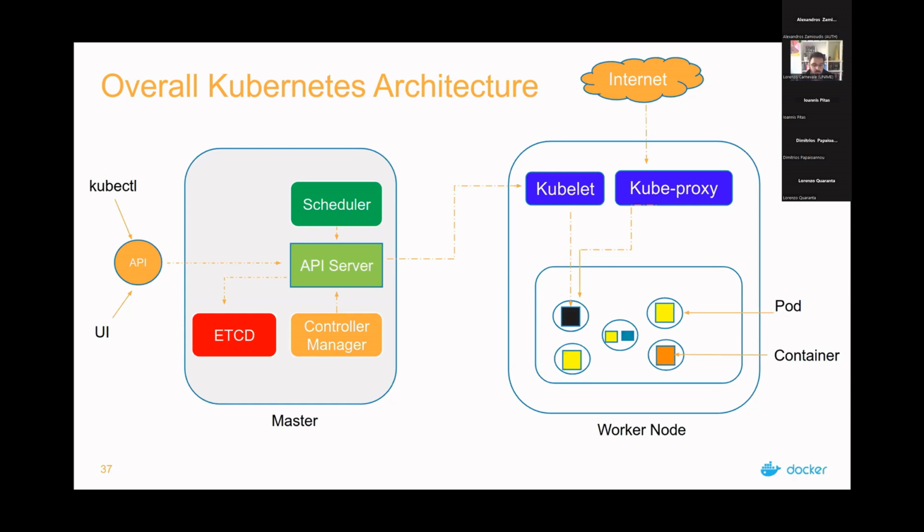In the worker node, we have really the running of the containers. And again, the containers are put inside the pod. Consider that this worker node is not just one, as I say, there are multiple of them. That's why the scheduler is important, because the scheduler understands if a container is in worker node 1, 2, or 3, and inside the worker node in which pod the container will be located.